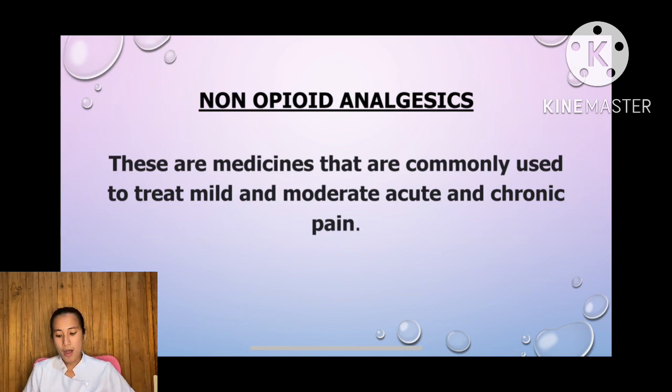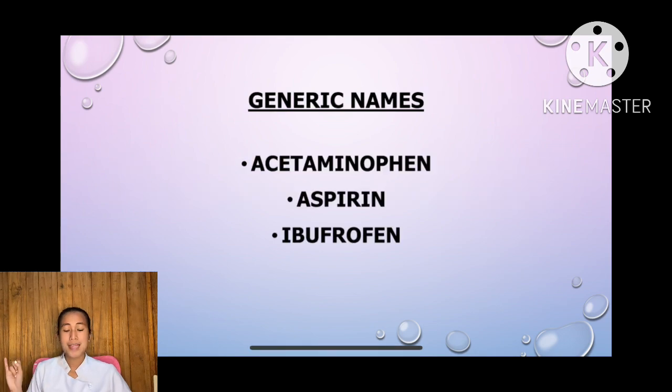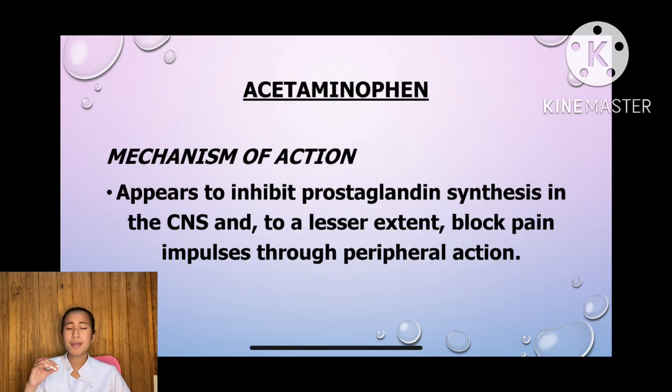Now I will give you three generic names of non-opioid analgesics: acetaminophen, aspirin, and ibuprofen. Let's proceed to acetaminophen. Its mechanism of action is that it appears to inhibit prostaglandin synthesis in the central nervous system, and to a lesser extent block pain impulses through peripheral action.